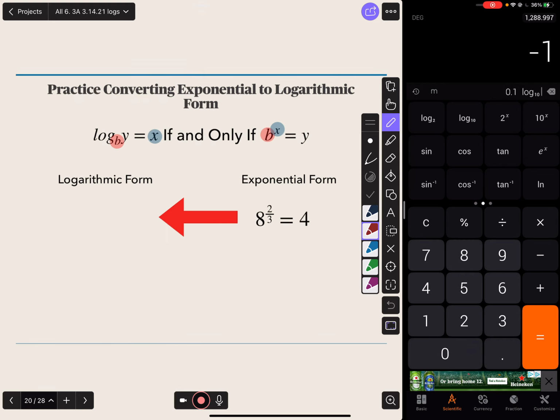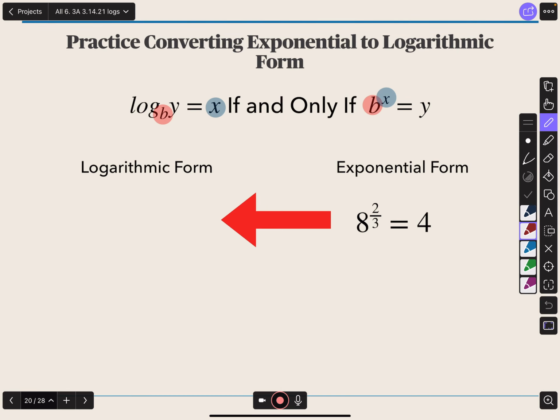Let's look at our last example. Let's see, our calculator would not do this one. So let's change it to log form. So there's log. What's our base over here? Well, it's base 8 of what? 4 gives me the exponent, 2/3. So it says 8 to the 2/3 power is 4.